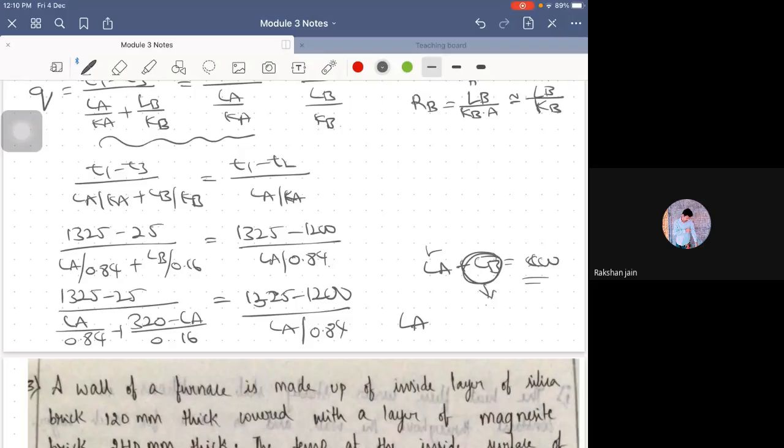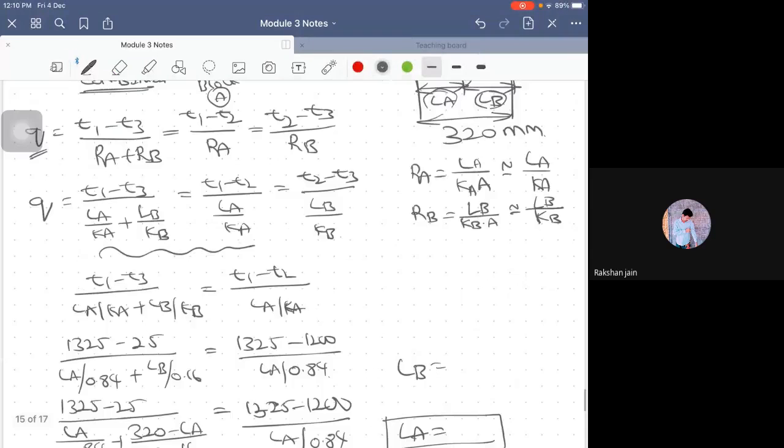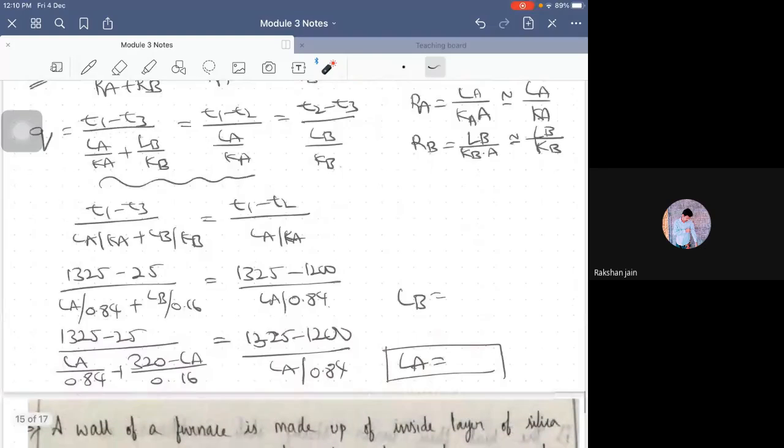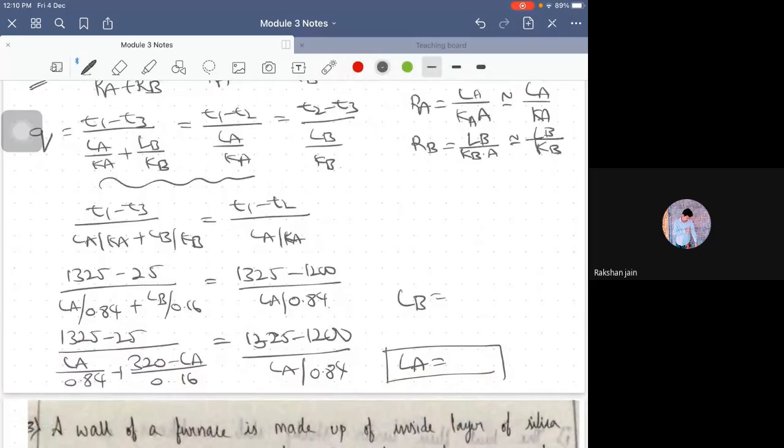Even from that, you can use this equation to calculate the value of LB also. Yes, solve this problem and give me the answer in the chat box or by switching on your mic.